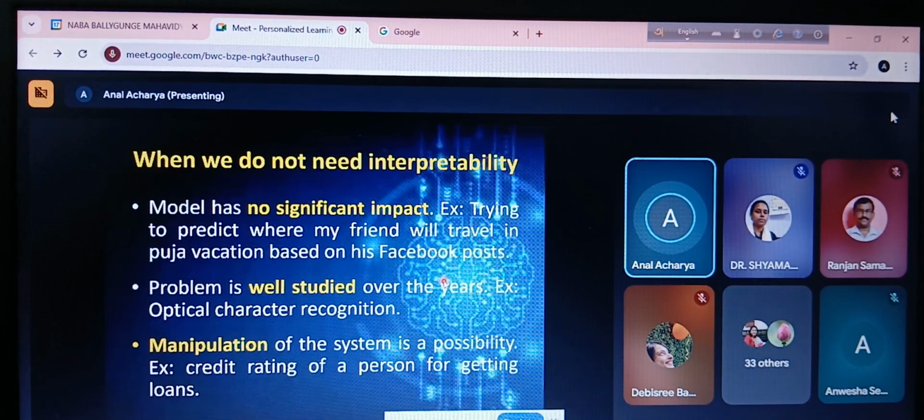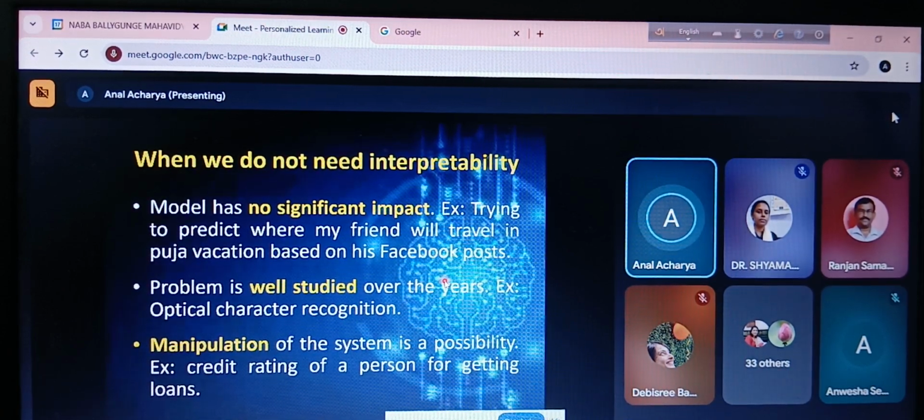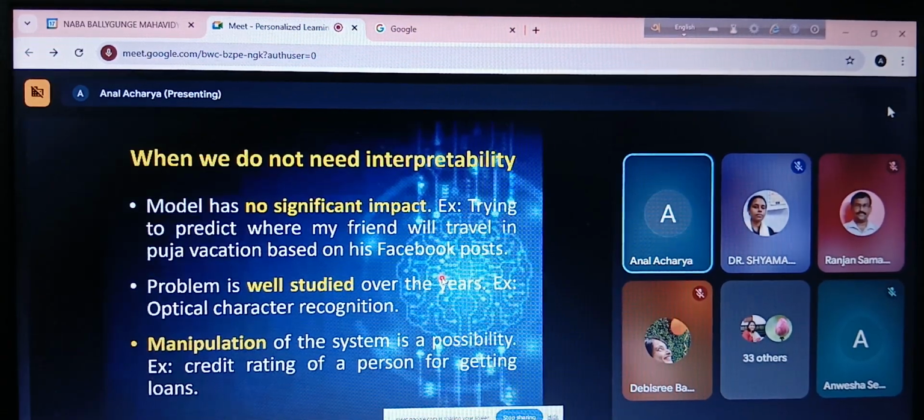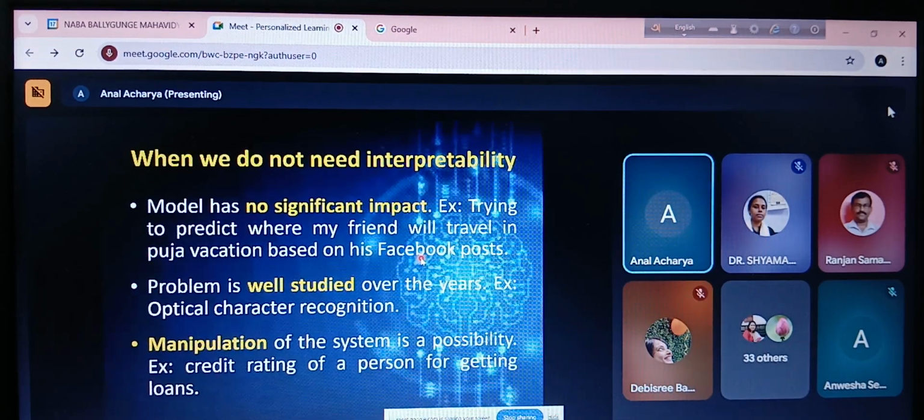So what we do, we often see the various websites, various Facebook posts of our persons, and maybe we try to understand where is the favorite destination of this person, isn't it? Whether it is North Bengal or some seaside place or whatever. So if this is something like a pastime, right? So in this case, there is no significant impact.